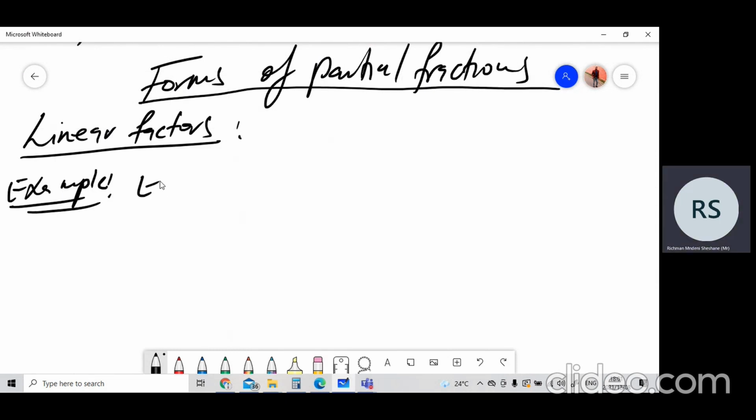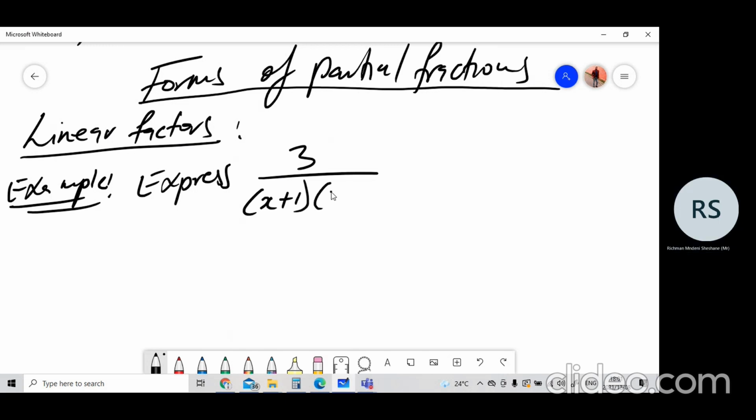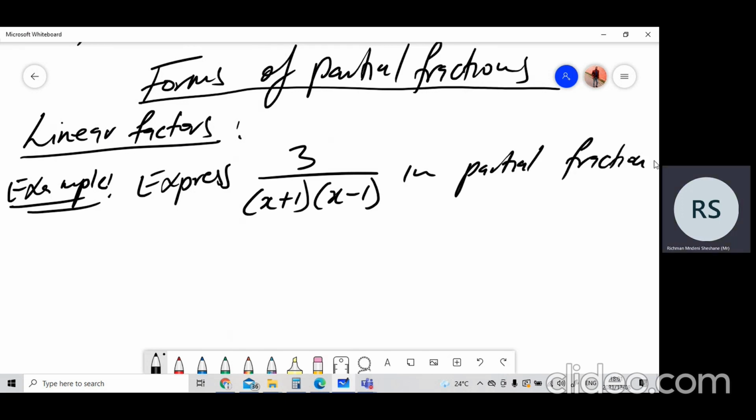Let's say we want to express 3 over x plus 1, x minus 1 in partial fractions. We have a simple expression here and we want to put it in partial fractions. So you check the above rules.